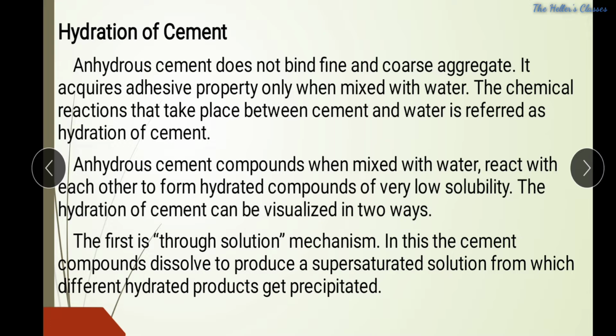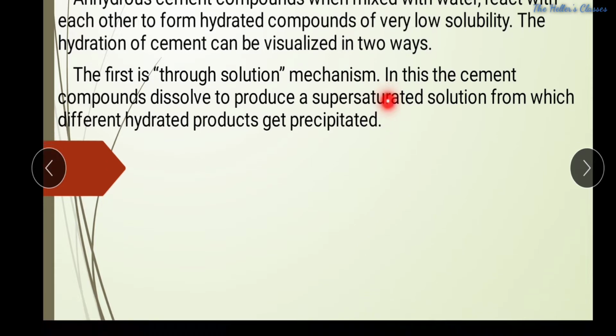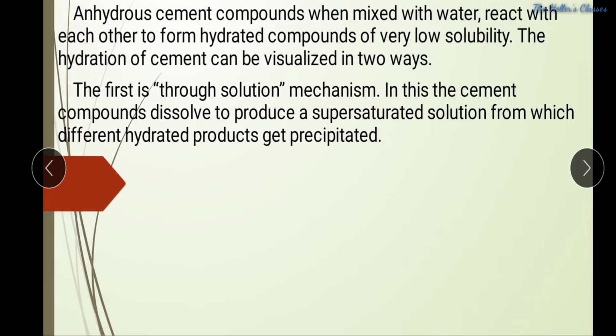The first is the solution mechanism. The cement compounds dissolve to produce a supersaturated solution from which different hydrated products get precipitated. Which means that through the solution there is a reaction between the cement and some dissolved products, which participate in this chemical reaction.